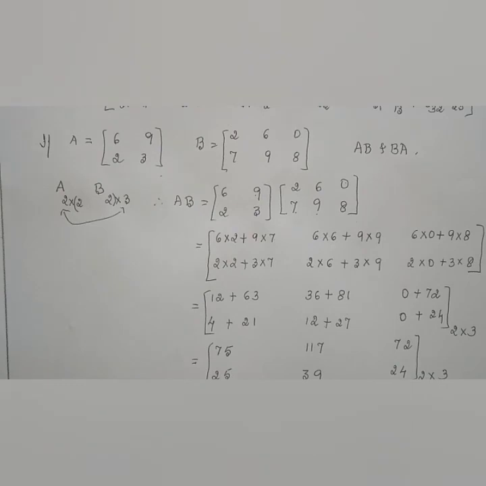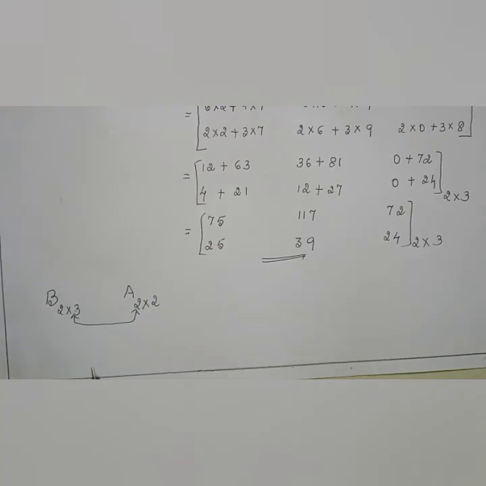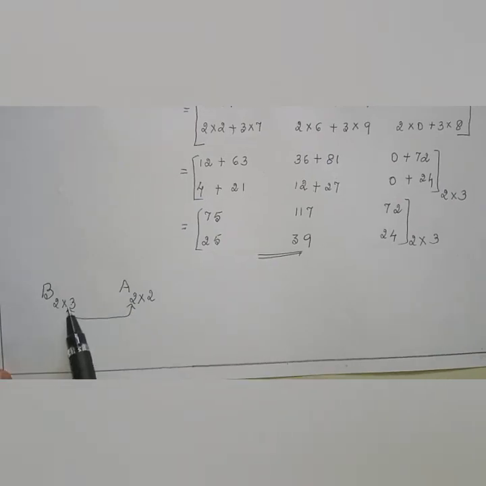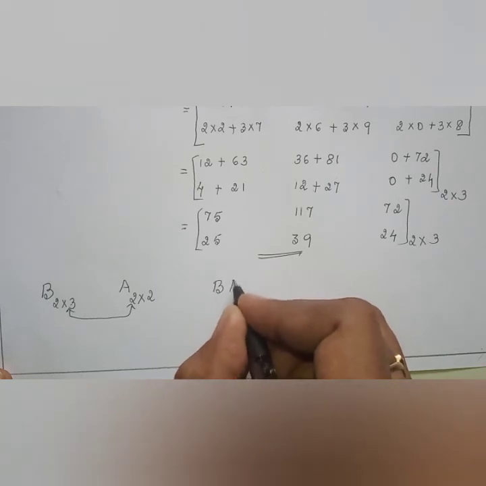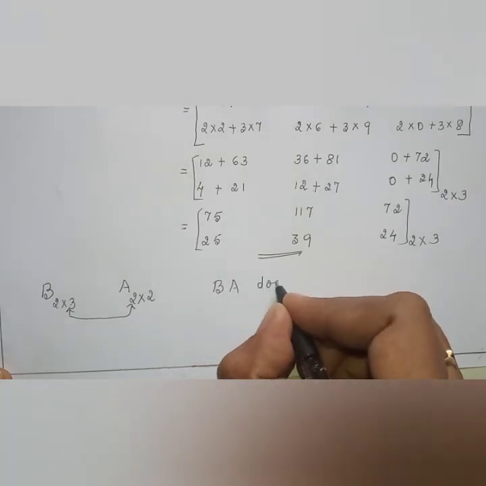The number of columns of the first matrix is not equal to the number of rows of the second matrix. Therefore, this does not exist. So BA does not exist.